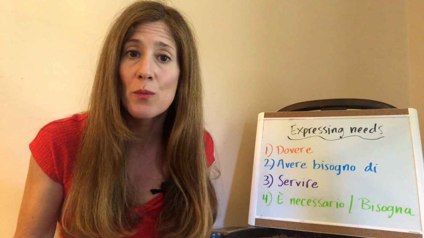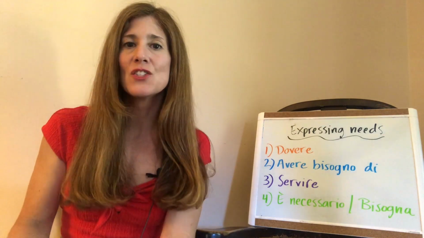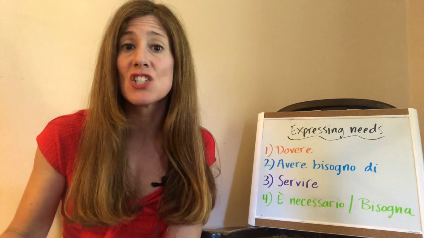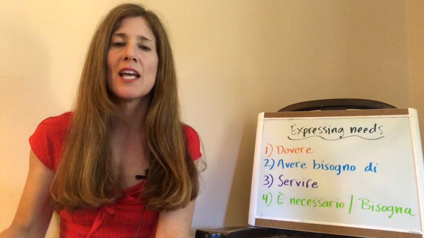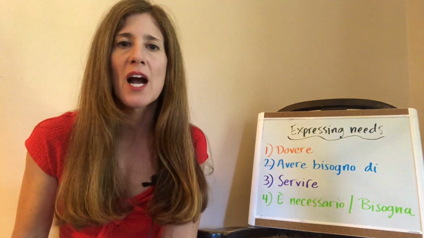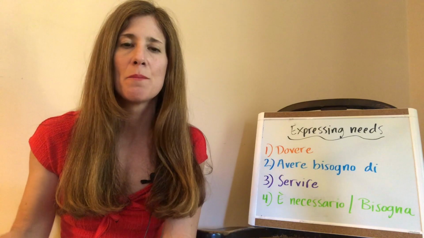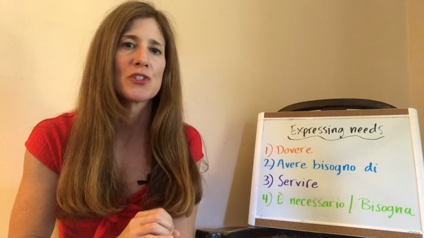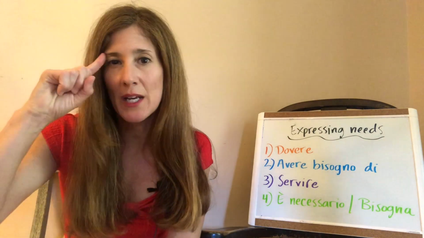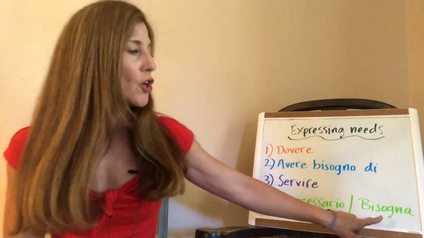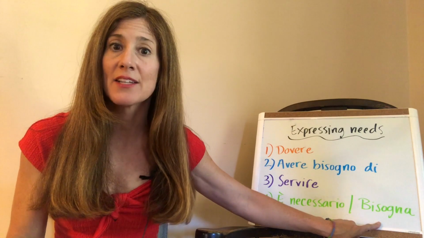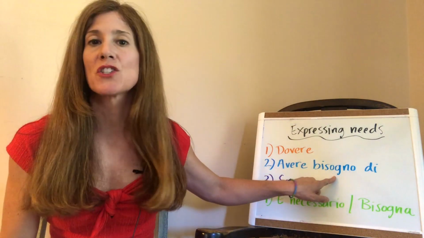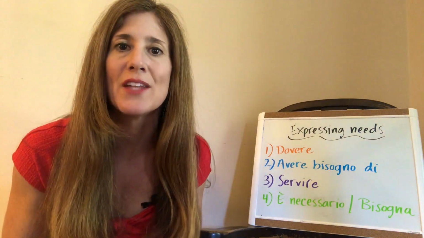And then the last way we can communicate needs is using the expressions è necessario, it's necessary, and bisogna. Bisogna comes from the verb bisognare, but we're just going to use this conjugation, the third person singular conjugation. So make a mental note here. Bisogna ends in an A, it's feminine, and then with the expression with avere, bisogno ends in an O.